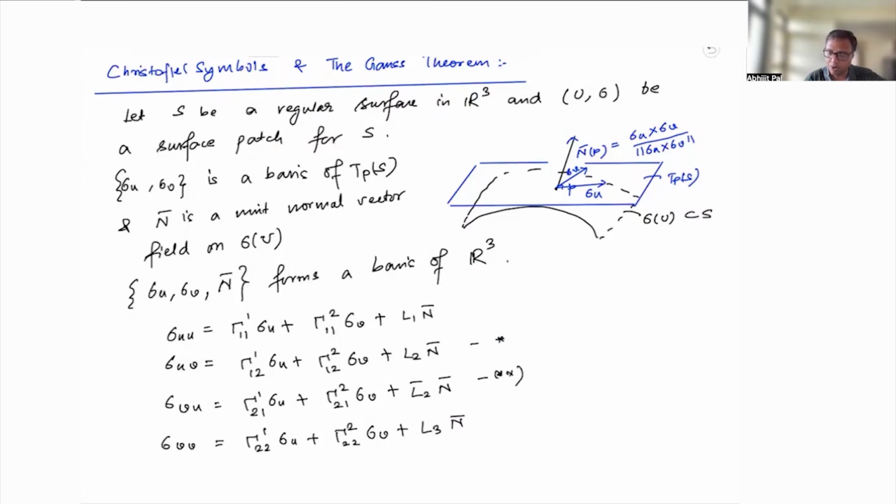Therefore gamma 1 1 2 is equal to gamma 1 2 1, gamma 2 1 2 is equal to gamma 2 2 1, and L2 is equal to L2 bar.